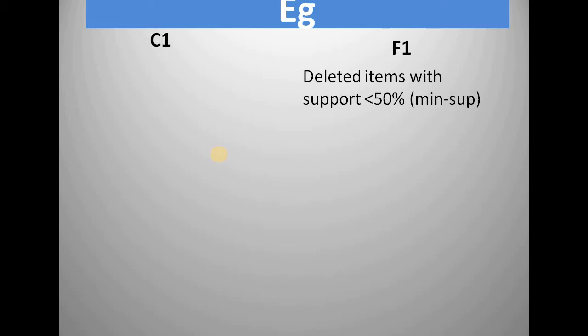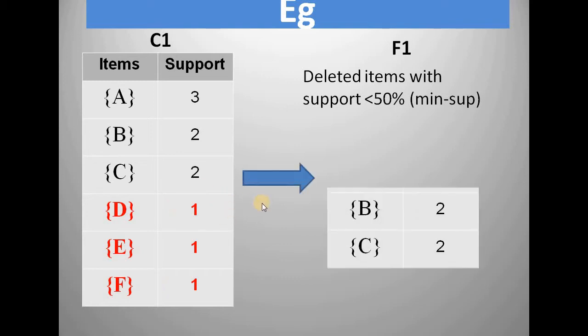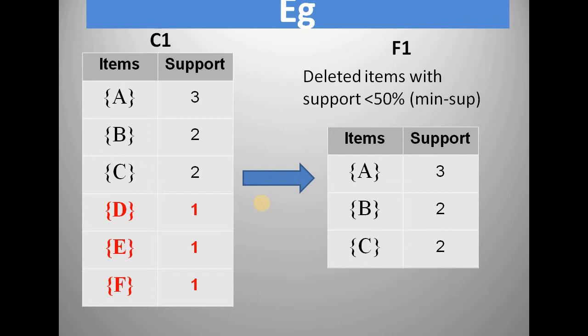Now from C1, what do I have to do? I have to prune it. So what I have done is remove those items which are not frequent. Here D, E, F are not frequent, so I have removed them, and now I have got F1, the first frequent itemset: A, B, C.